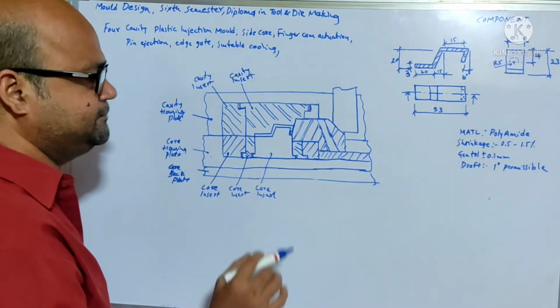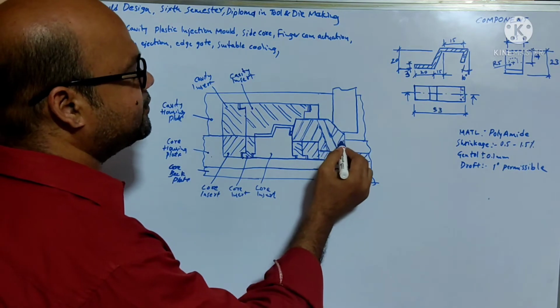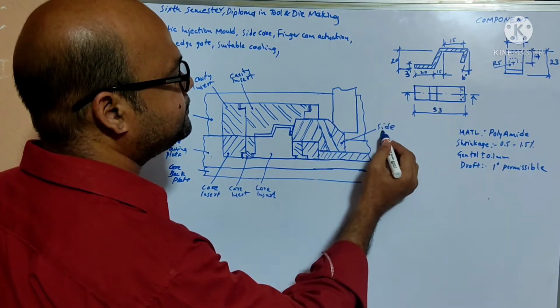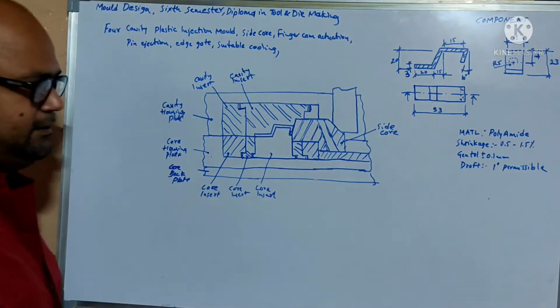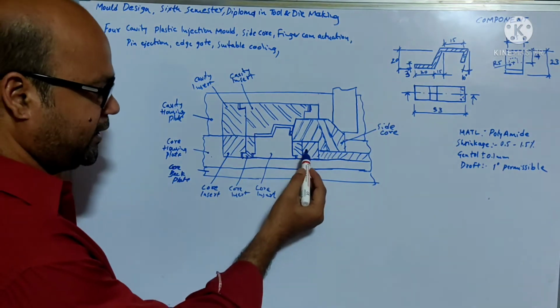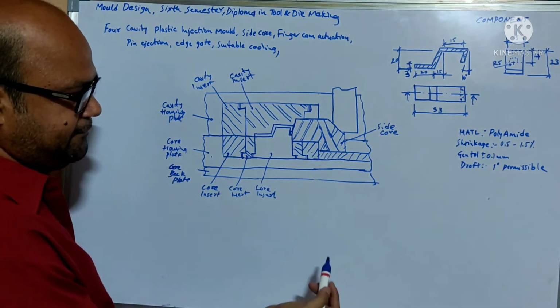This one is the side core, and this side core slides over the outer core inside.